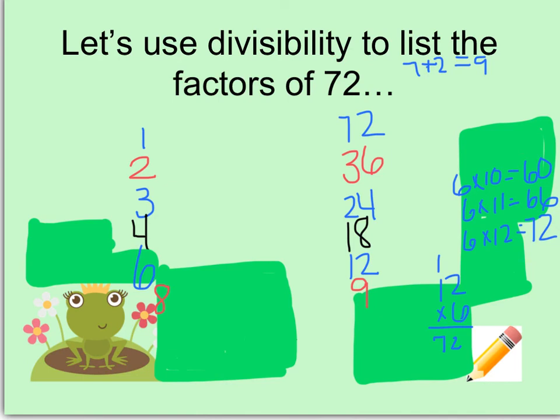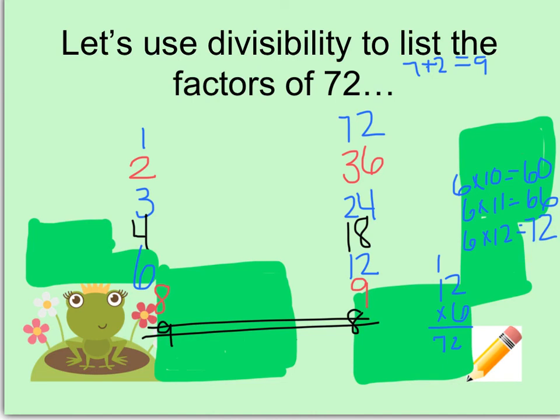And so 8 is also a factor of 72. Now, since my next counting number would be 9, and it's already here, I know that I'm done because the next number I would list would be 9 times 8. And I don't need to list them twice, so I have finished and I have all the factors of 72.